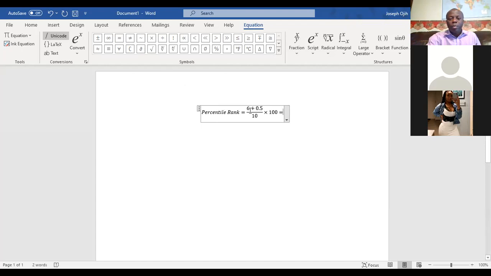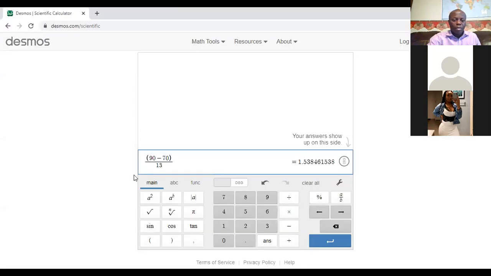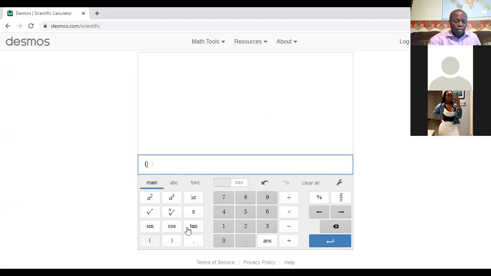Let us go to decimals and do this. Remember to put this part in parentheses. We are doing the calculation using a calculator. So I have the number of values below x, that is 6 plus 0.5, then close the parentheses, divided by 10, then times 100.